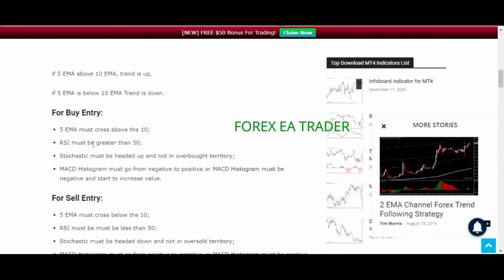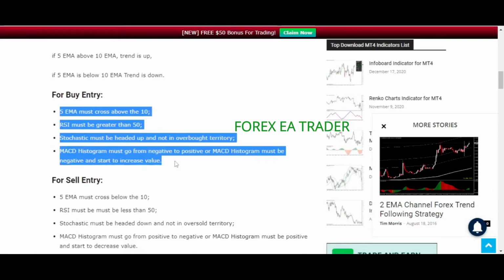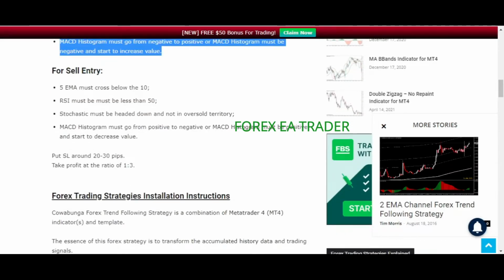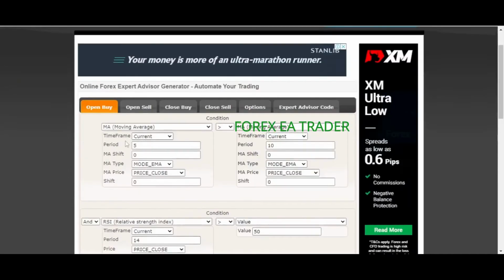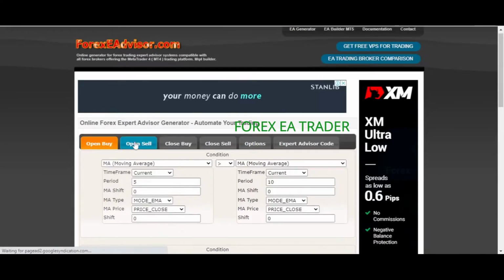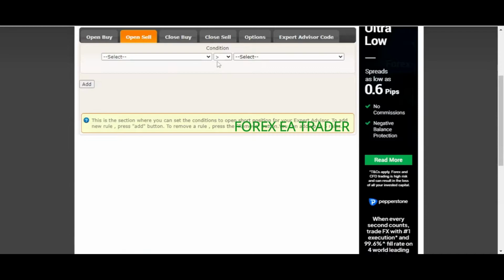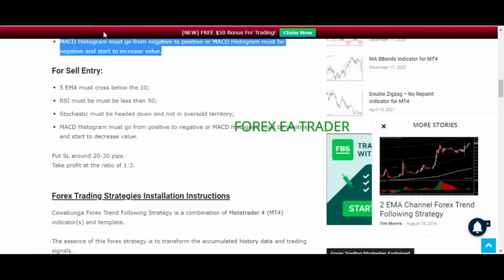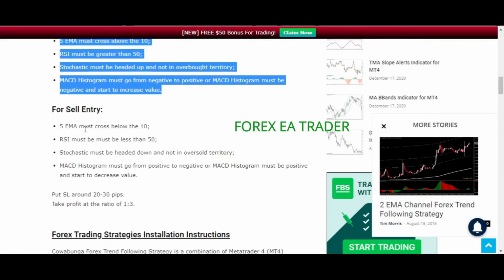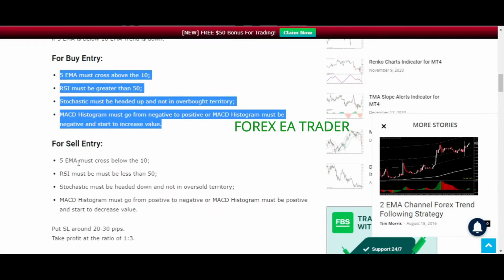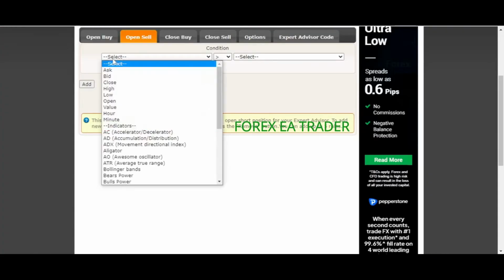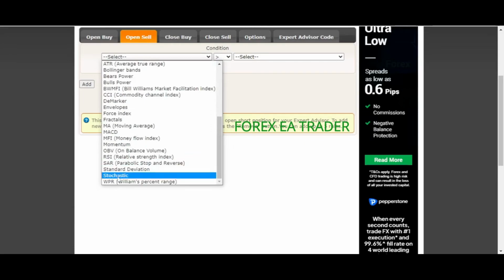So we've basically done all our conditions for a buy. Now we go to conditions for a sell. We are just going to do around about the very same thing, but in the opposite direction. That's what we want. So for sell, the 5 exponential moving average, where is exponential moving average?